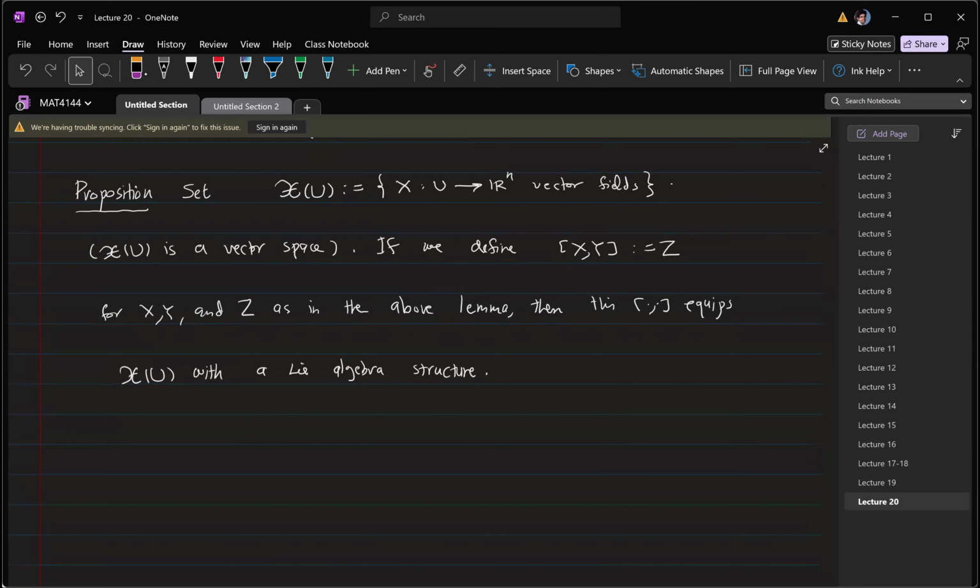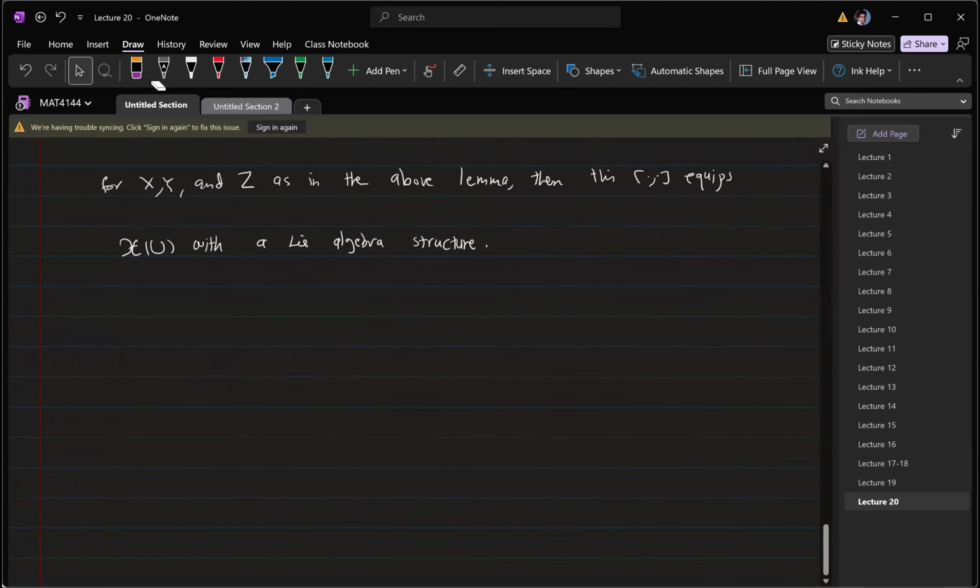Okay, so now here is one natural way to get vector fields. How do you get vector fields on some domain? You can get vector fields from the derivative of a function. Here is now some observation.